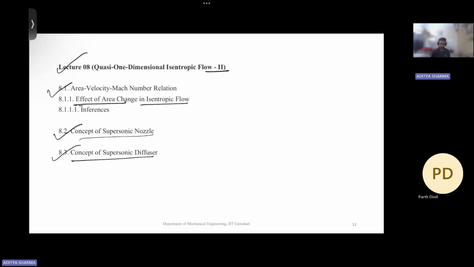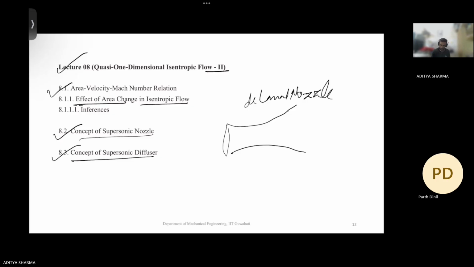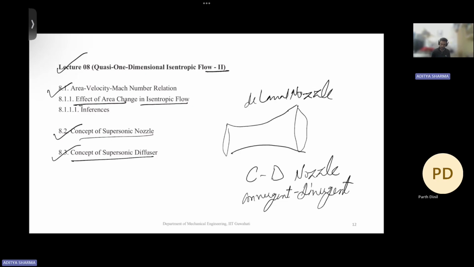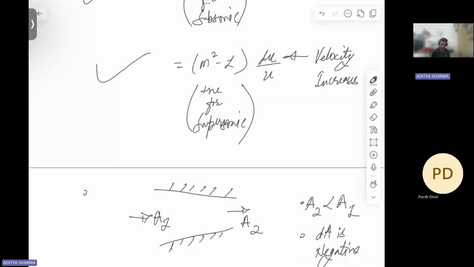Then the concept of supersonic nozzle. The D-level nozzle has been discussed. So D-level or CD nozzle. What is CD? Convergent, divergent. So the same logic will apply here also, right?